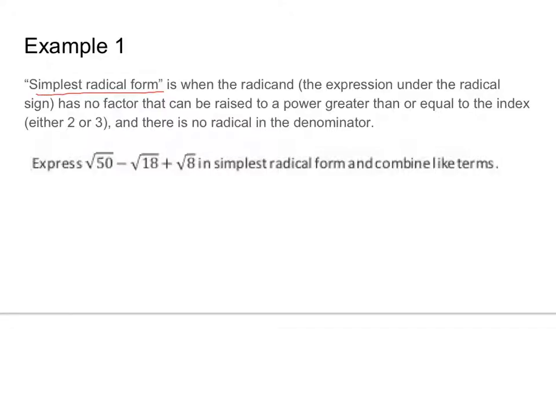The simplest radical form is when the radicand, which is the expression under the radical sign, has no factor that can be raised to a power greater than or equal to the index, either 2 or 3, and there's no radical in the denominator.